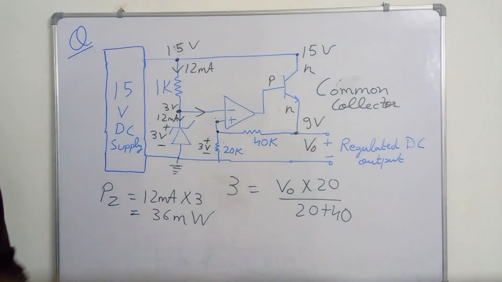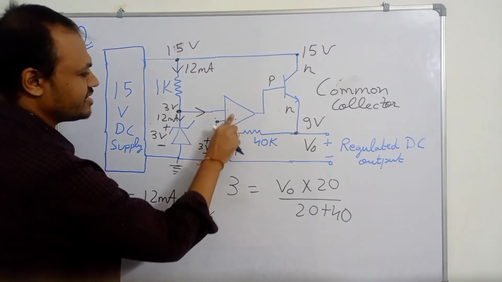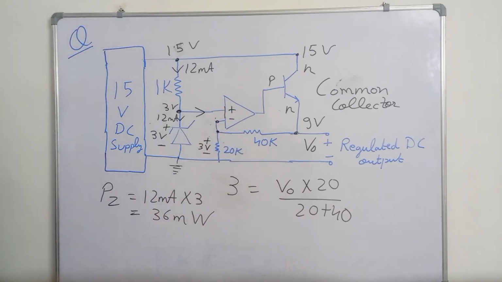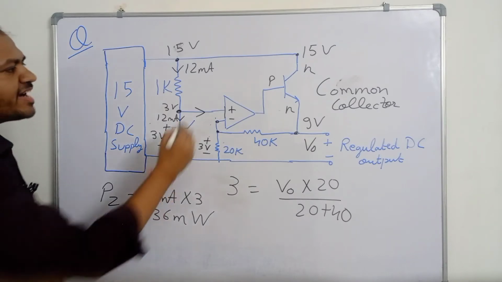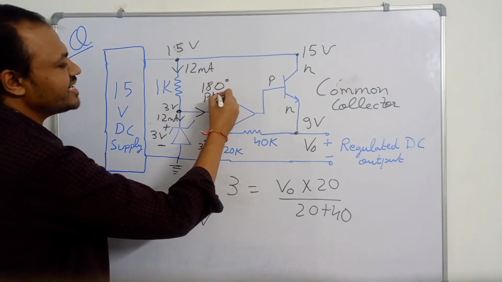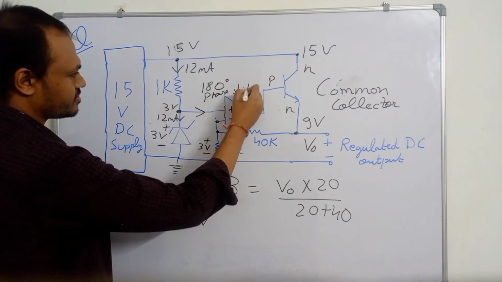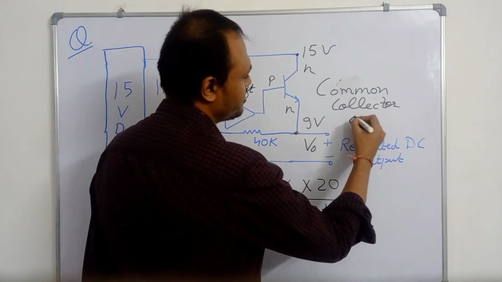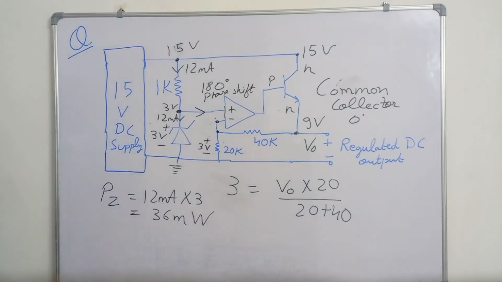And the op amp has, sorry, this was plus, this was minus. So the op amp has negative feedback, so it is an inverting op amp. This op amp is providing 180-degree phase shift, and the transistor is providing 0-degree phase shift, because common collector does not provide any phase shift.